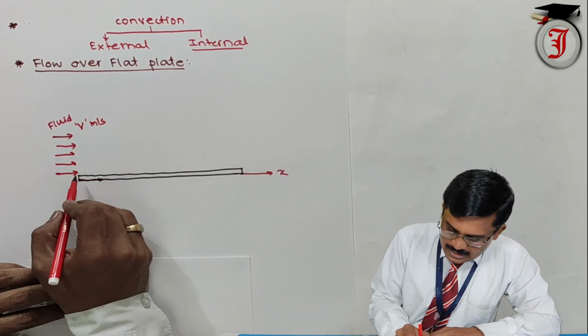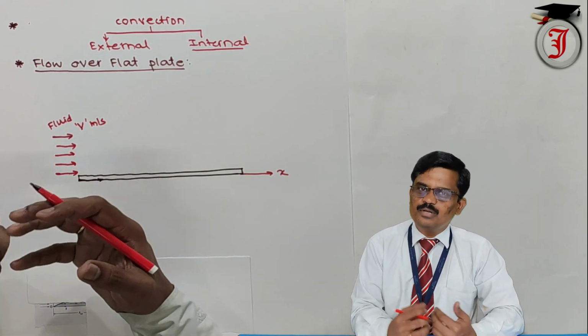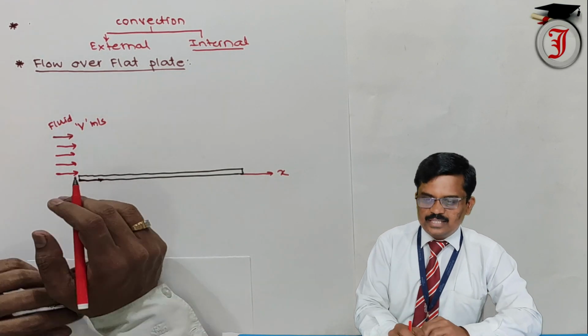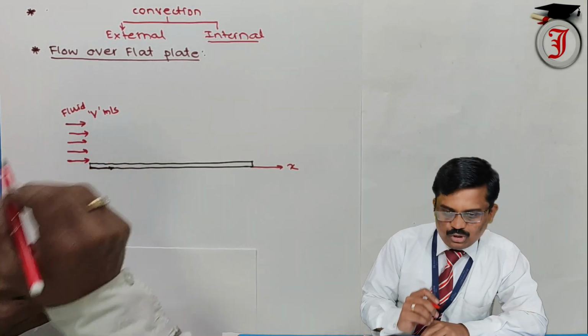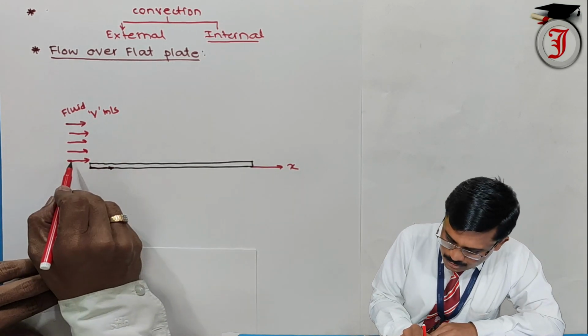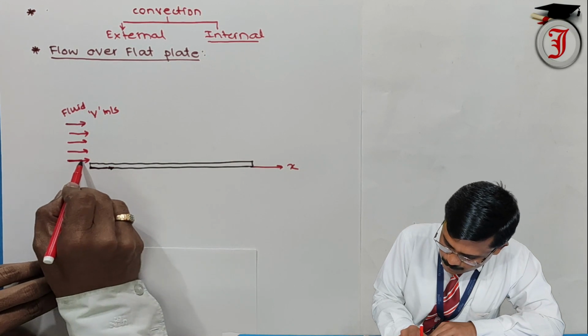Now, for simplification, we can consider that this fluid consists of layers of fluid on each other. Let us consider this is the first layer.